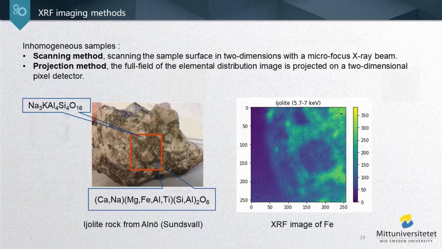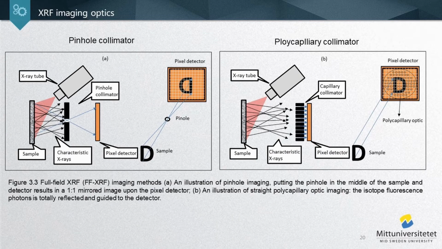Due to the isotropic emission of X-ray fluorescence from the sample, an additional X-ray optics between the sample and the pixel detector is required to collimate the photons. These two figures show the pinhole collimator and the polycapillary collimator.